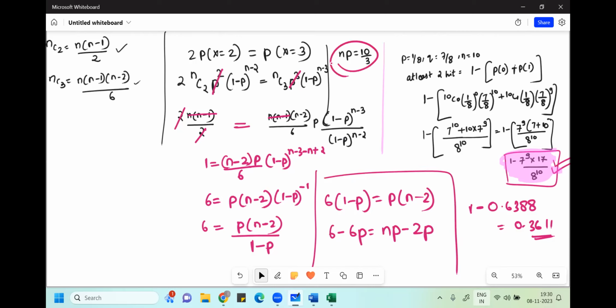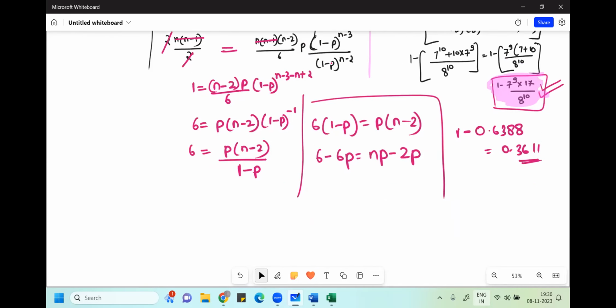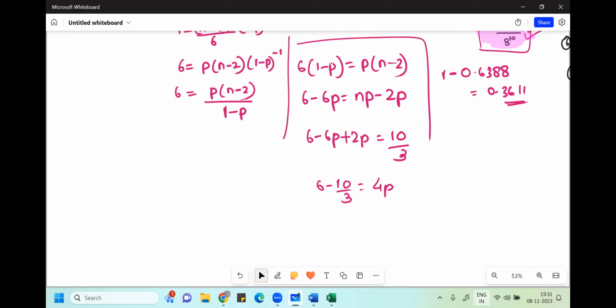What is n into p? 10 by 3 is given. So 6 minus 6p plus 2p, n into p is 10 by 3. So 6 minus 10 by 3 is 4p. So this is 8 by 3 is equal to 4p. So p is equal to 2 by 3. So then q would be equal to 1 by 3.